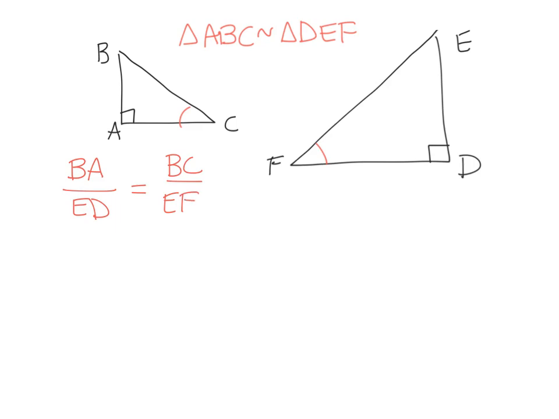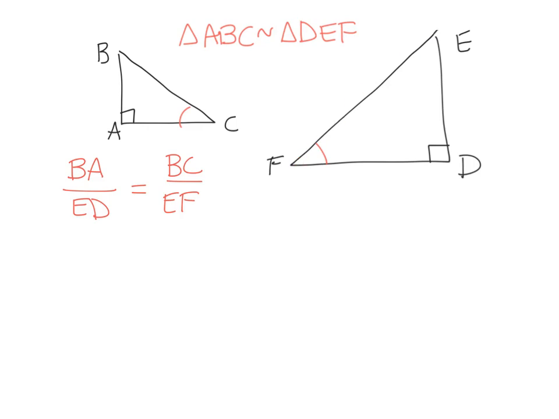So in words, what I just did here is if I look here, this is across from my angle. Do we all see that? So BA is across from angle C and ED is across from angle F. And BC is my hypotenuse and EF is my hypotenuse.